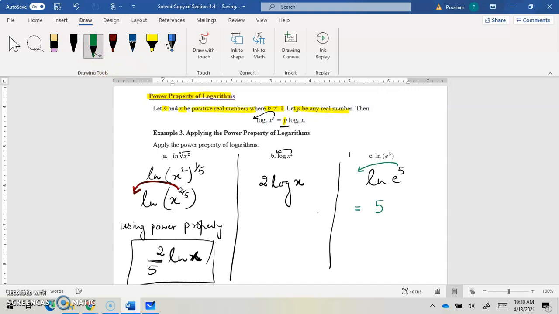That would look like 5 natural log of e. If you remember, natural log of e is 1, so 5 times 1 is equal to 5. Natural log of e is 1 because the log base and the argument are the same. If the base and argument are the same, the answer for the log is 1. So the answer to this question would be 5.